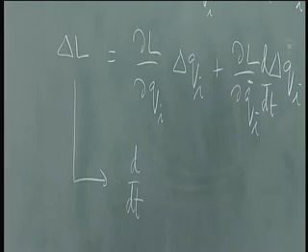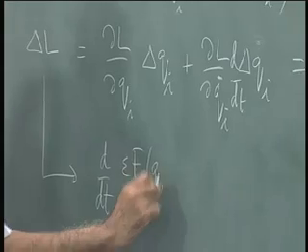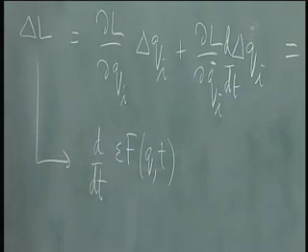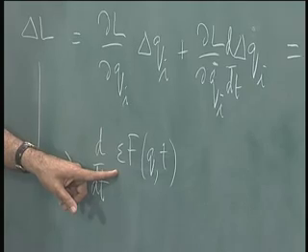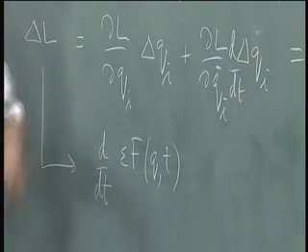So let me pull out that infinitesimal always and write this as some epsilon times f of q and t. So this is just a scale factor to tell me this is a first order infinitesimal, the same order as delta q and delta q dot.